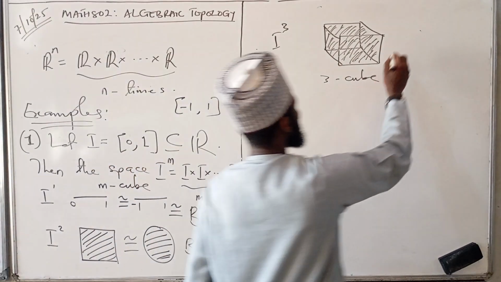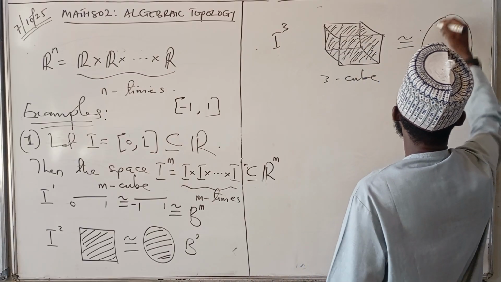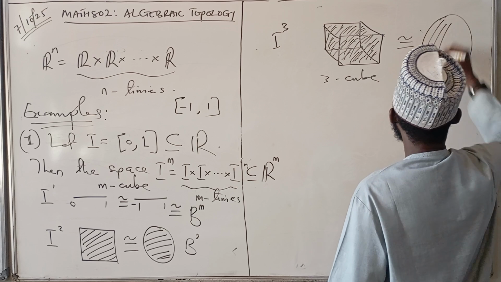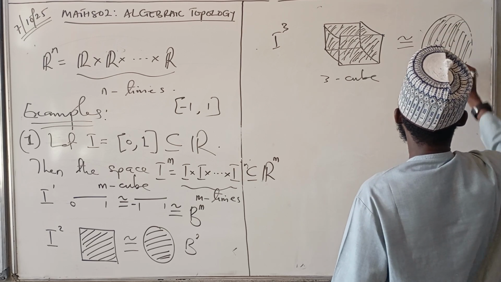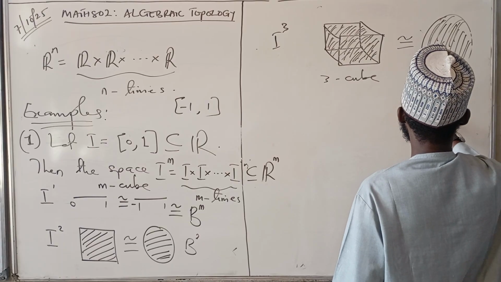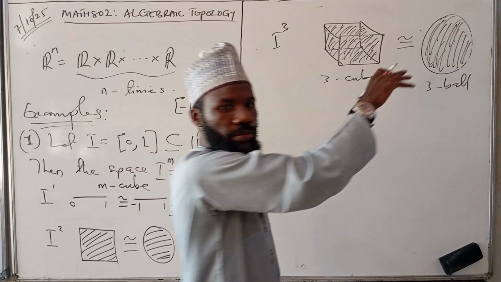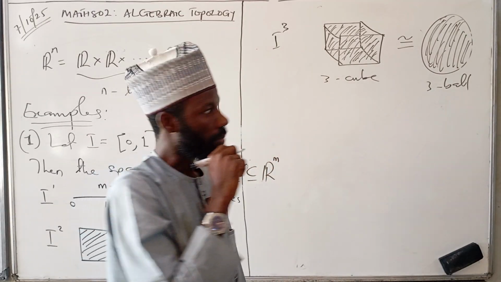This one is 3 cube, but the common name is just cube. Yes. But this we say is homeomorphic to what? To a ball. A ball. Yeah, a solid sphere. A ball. So this is 3 ball. But the surface, the boundary of this ball, is what we call sphere of dimension 2.